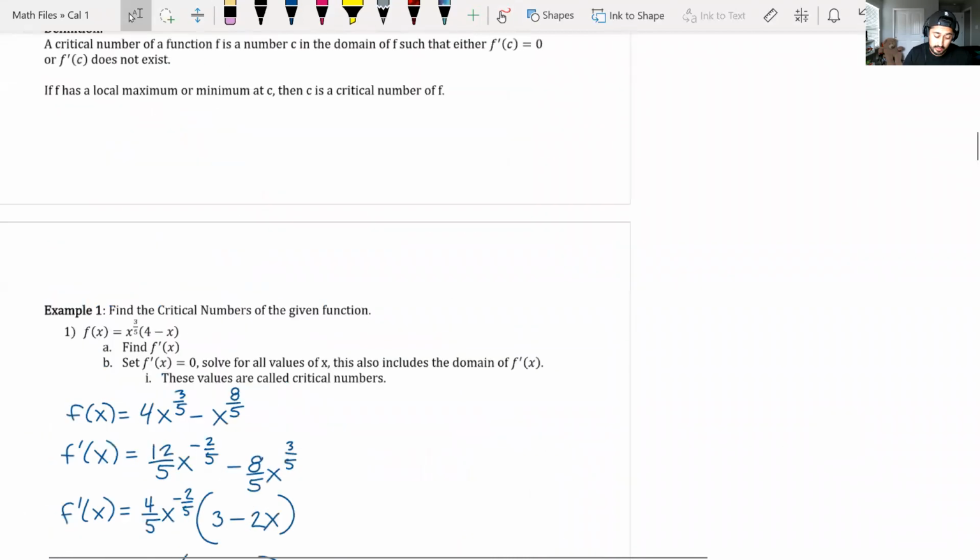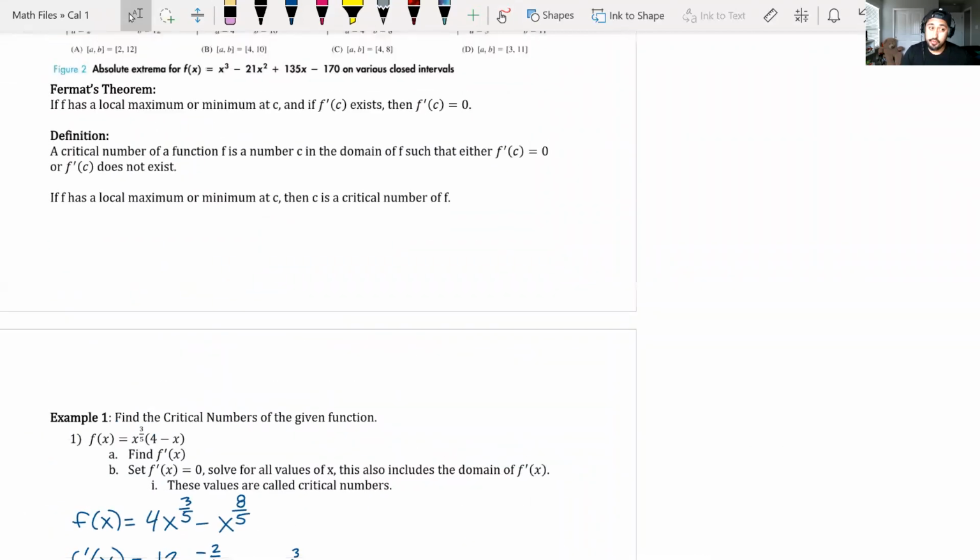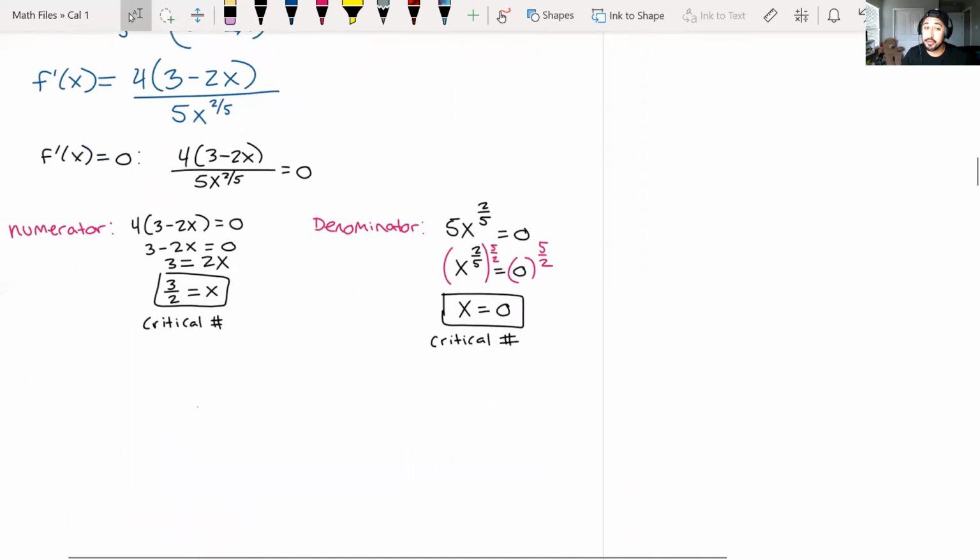But then, or the derivative does not exist at that critical number. Can the derivative exist at 0? And that answer is no, because the denominator becomes 0. So just check your domain. That's why on a rational equation, we set the numerator and denominator equal to 0. So just look out for that. That's coming later. Okay, perfect.